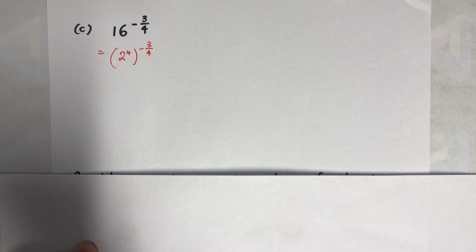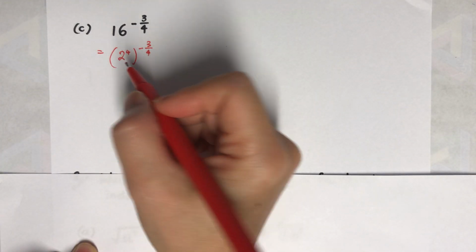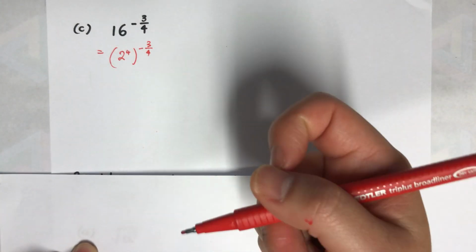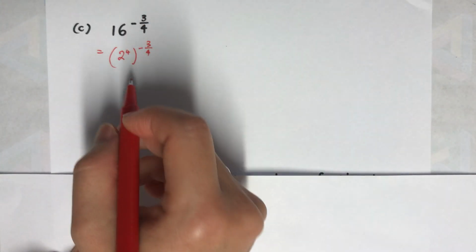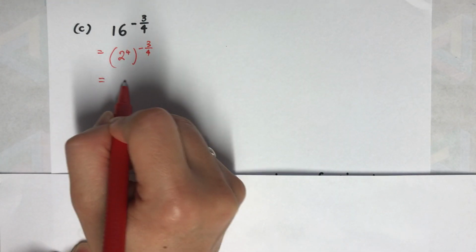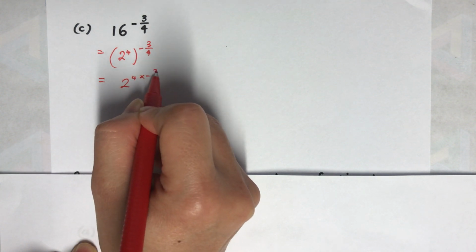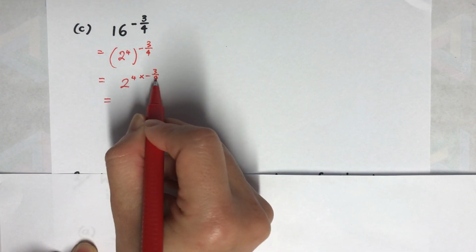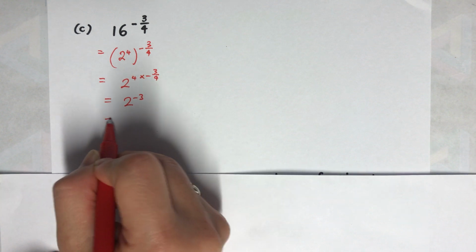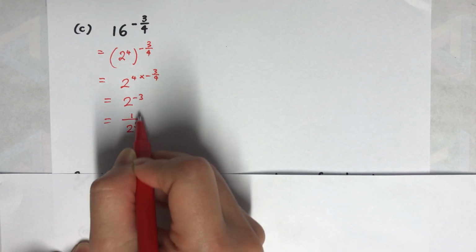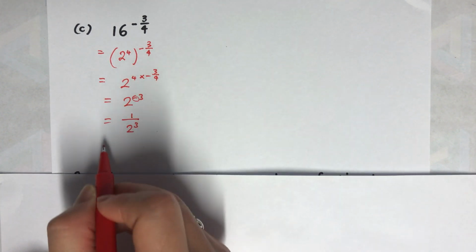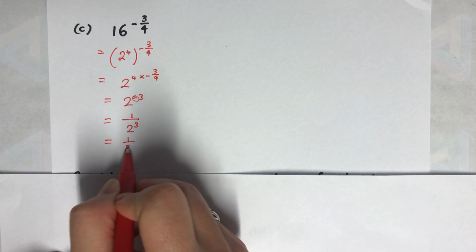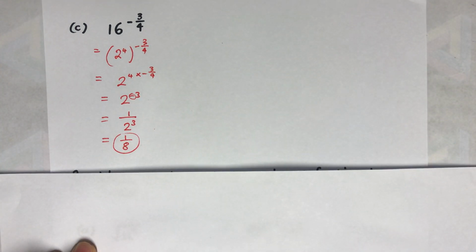Yes, you can do that, but I'm trying to make the base as small as possible. So it'll be 2 to the power of 4 times negative 3 over 4. Then cancel, and it's 2 to the power of negative 3, remember? And the negative becomes 1 over. So the answer is 1 over 8.